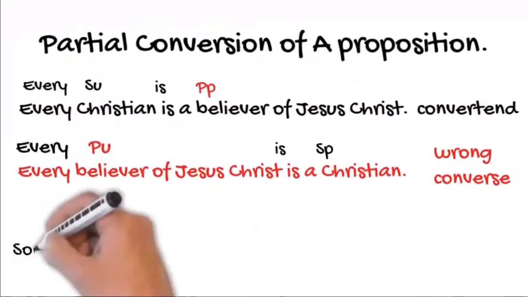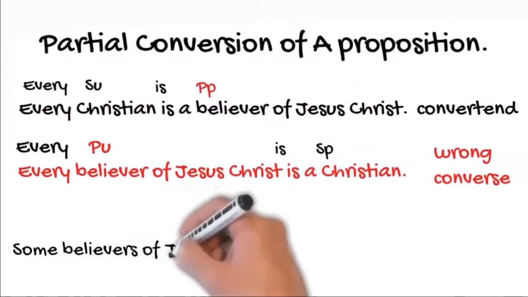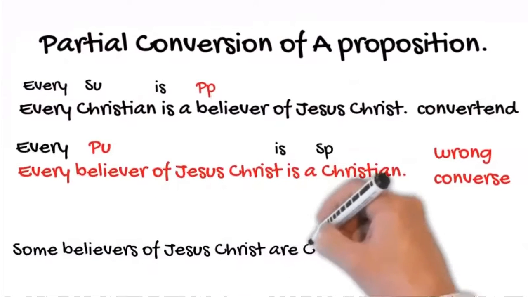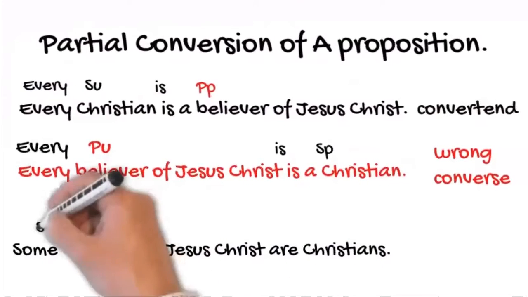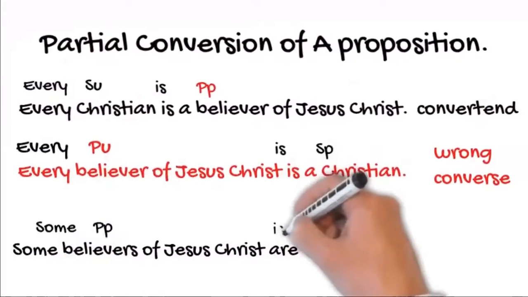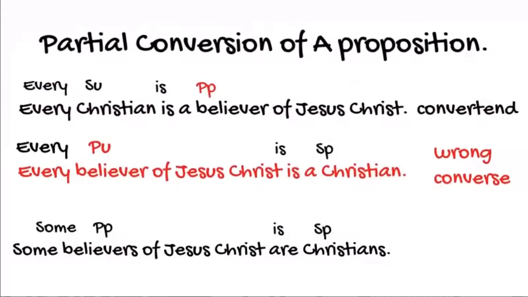So it has to be limited, an I proposition. So we have some believers of Jesus Christ are Christians. So we have a particular subject term and a particular predicate term.